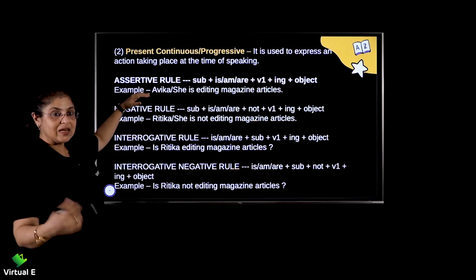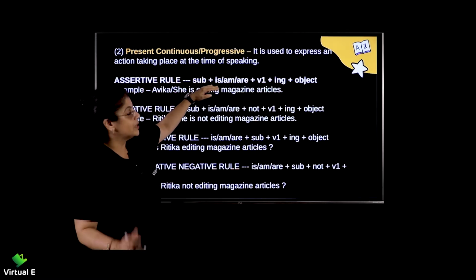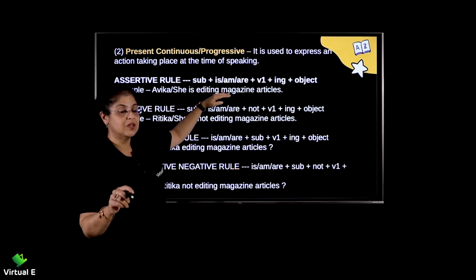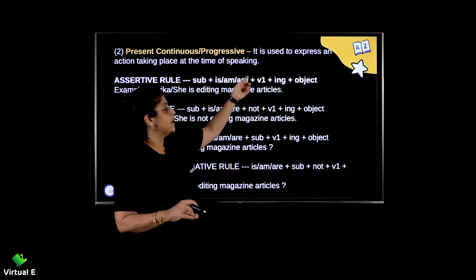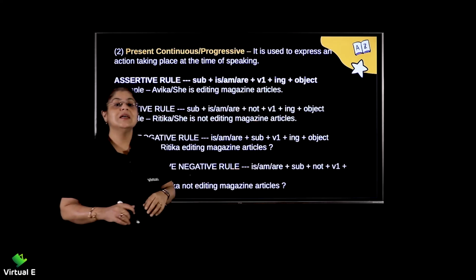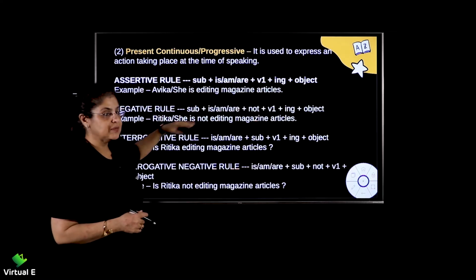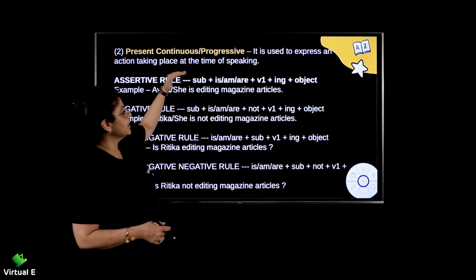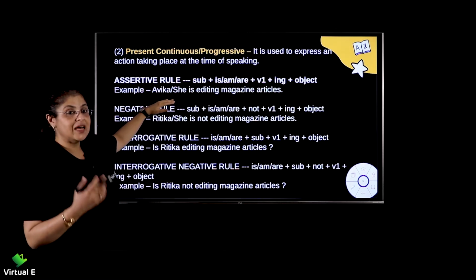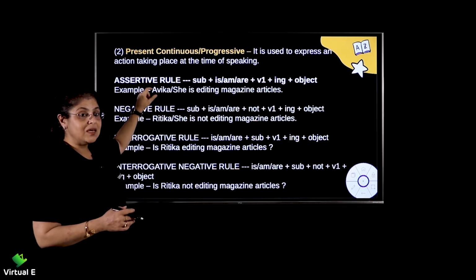Again, we'll have the 4 forms of sentences. Assertive rule, you have. Now, here it is present continuous, so we have to make sure that we use the is, am, are. Now, talking of the 4 types of sentences, assertive rule, that's your positive. Subject, again now here we have Avika or she. Now here you have got mentioned that it can be a name, right?